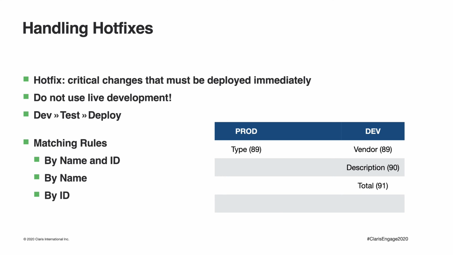In our situation, it'll end up matching the type field in production with the vendor field in development, because the IDs are the same. This will result in data being migrated into the wrong field. So always make sure to make your hotfix changes in the development environment first, and then test and then deploy them to production.